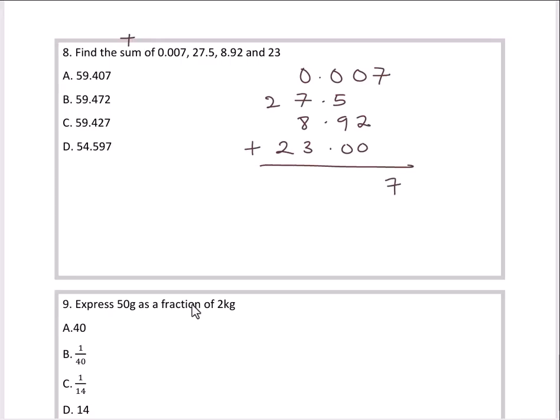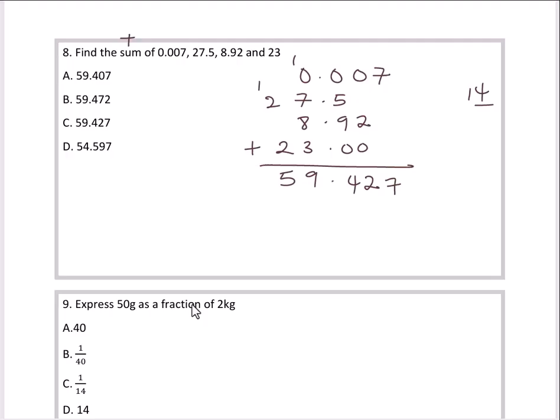Then everything here adds up to 2. Everything here is 14. 5 plus 9 is 14, right? So write 4 and carry 1. 1 plus 0 is 1, plus 7 is 8. 8 plus 8 is 16. 16 plus 3 is 19. So we write 9, carry 1. 1 plus 2 is 3, plus 2 here is 5.